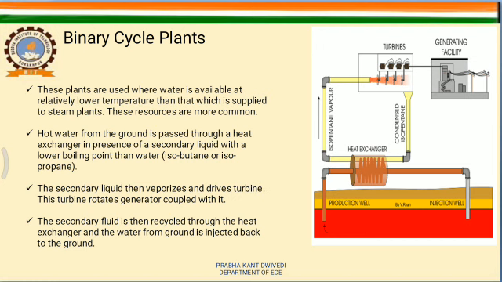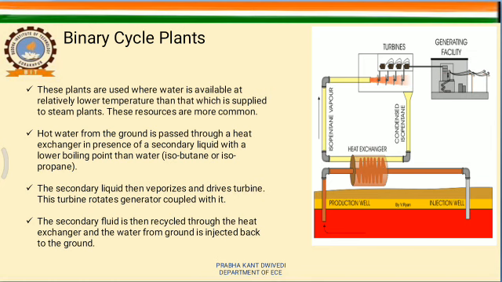In binary cycle plants, instead of vaporizing the water, another liquid is vaporized, because there are some liquids such as isobutane and isopropane which have a much lower boiling point than water, so they can be vaporized easily at low temperature.